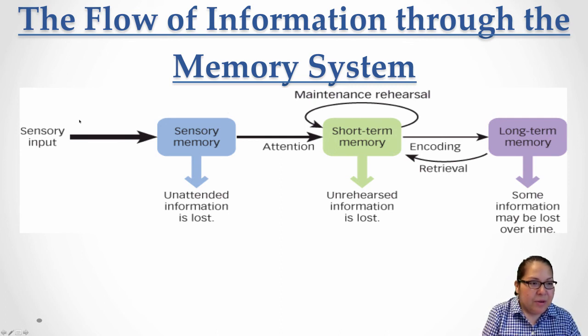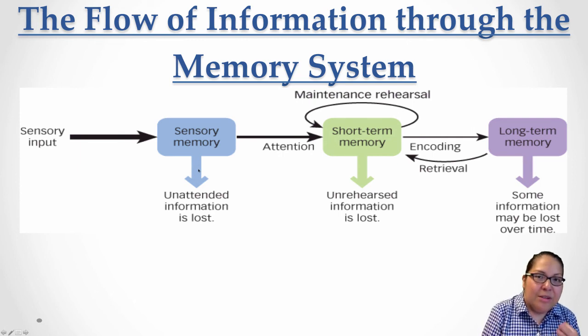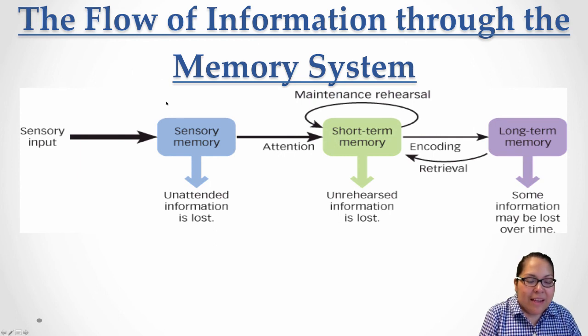So we have a sensory input where you're hearing me talk. You hear it, it goes through your sensory memory. If you're not attending to this lecture, thinking about what I'm saying, writing notes, then that information is automatically lost. It isn't encoded in your memory.